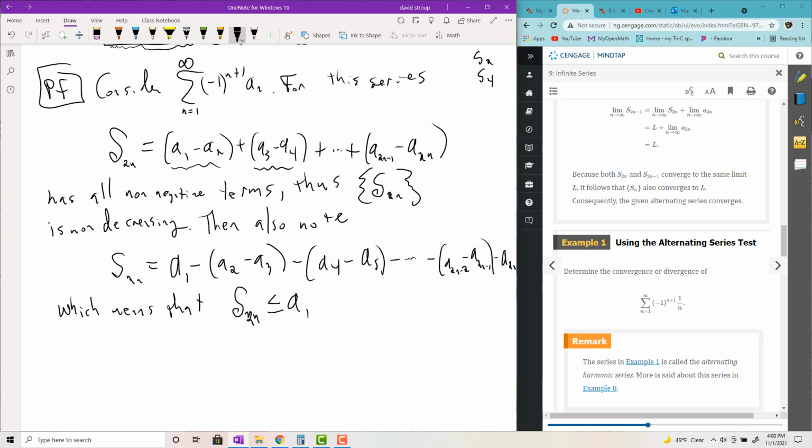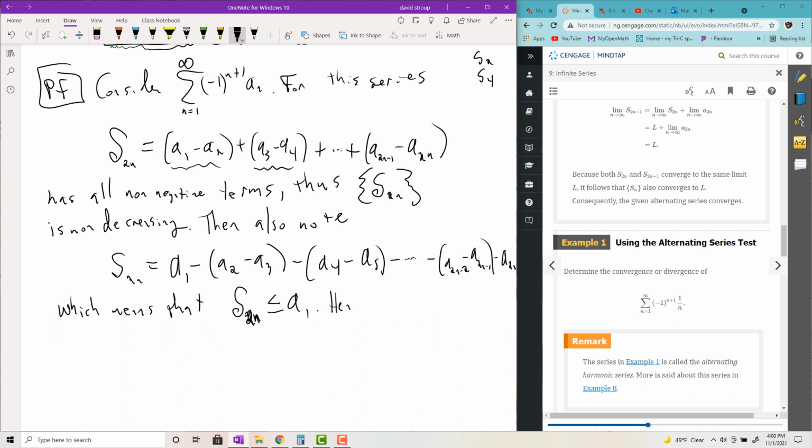Basically any version of s sub 2n is just going to be a sub 1 minus a bunch of stuff, right? So what you're getting then is an upper bound for this sequence of partial sums, the even terms of the sequence of partial sums. Therefore, the thing is non-decreasing and bounded above. Therefore, it is convergent by the monotonic bounded convergence theorem that we had in 9.1.